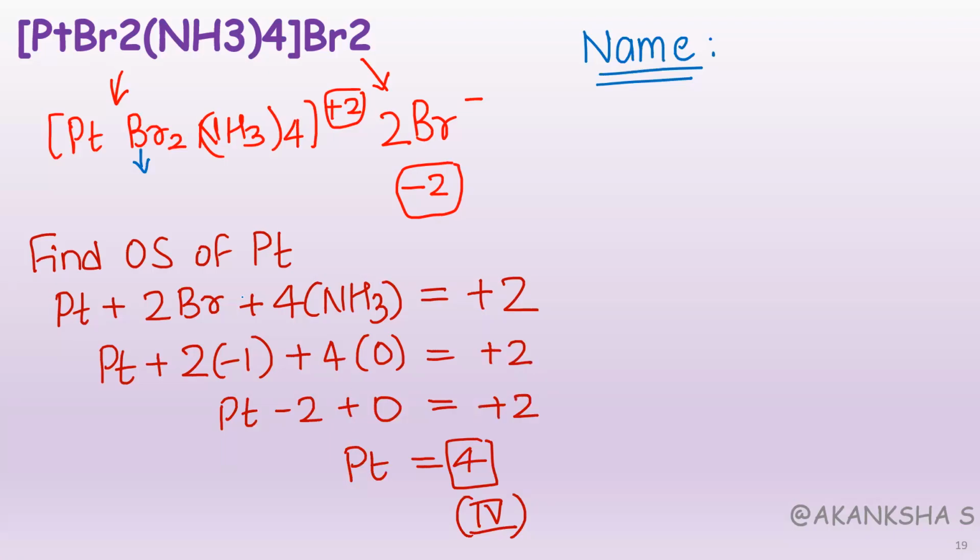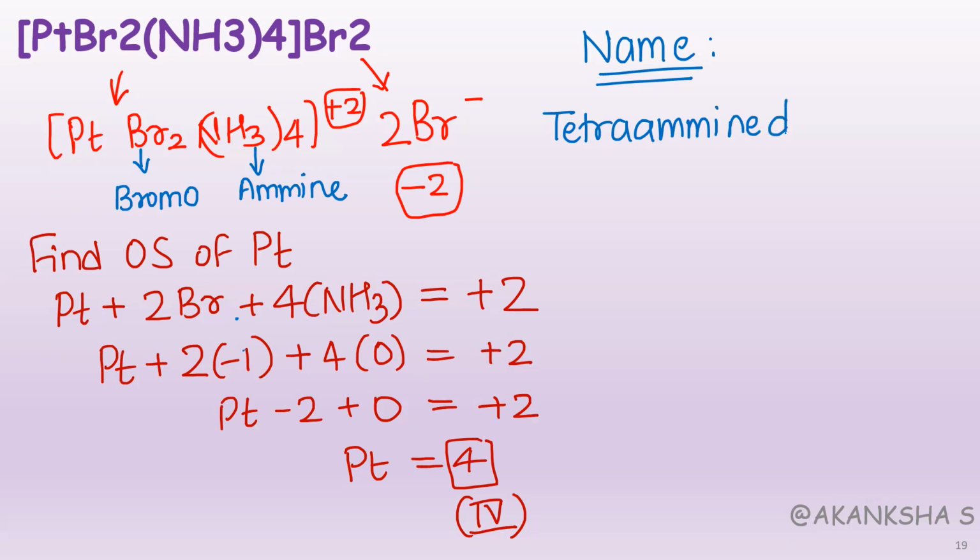So let's try to allocate. We have bromo, we have amine. So A comes before in alphabetical order. So we have tetraamine. 2 meaning di or bi. We prefer di.